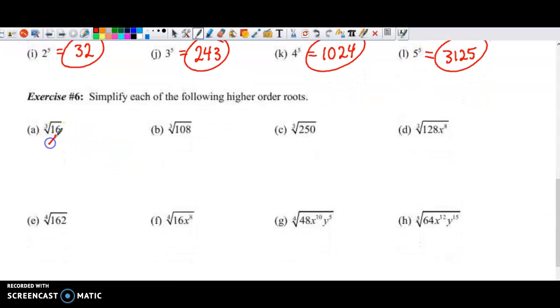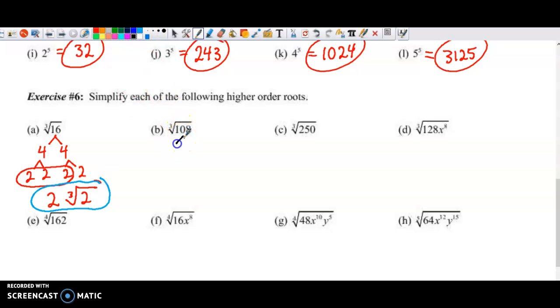So if I asked you for the cube root of 16, you start breaking down 4 times 4, 2 times 2, 2 times 2. Now remember, we're looking for groups of 2, and we want 3 of them, so that goes in front, and then it's still the cube root of the thing that was left over. So let me circle in a different color that that's the answer I actually want. And you don't even have to be that good at arithmetic to notice, like, hey, I can do 2 times 54.